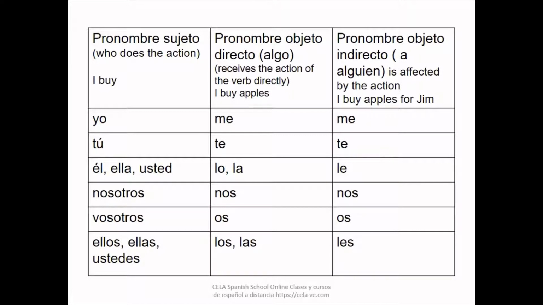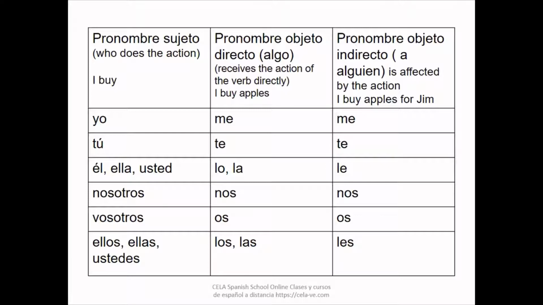We will explain that in detail later. The indirect object is mostly a person, or the thing that is affected by the action. It responds to the question, to whom or for whom do I buy the apples? I buy the apples for Jim.